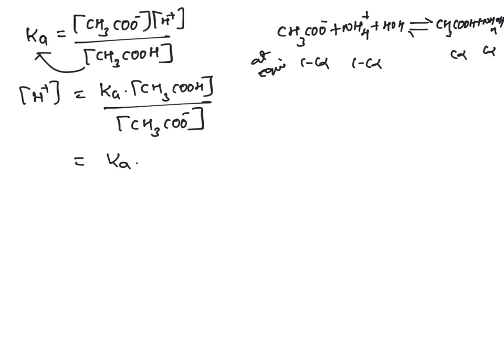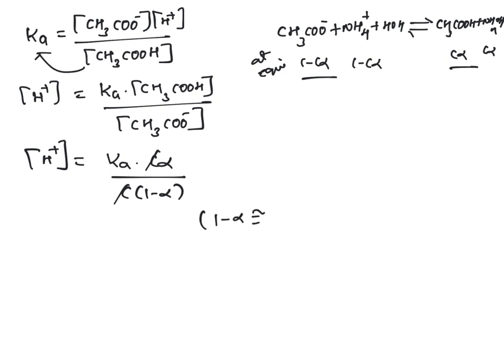Now I am substituting. Acetic acid, what is the equilibrium concentration? C alpha by acetate ion, I am writing C into 1 minus alpha. C I can cancel. And for this case 1 minus alpha is approximately equal to 1 because alpha value is very small compared with 1, so I can neglect.